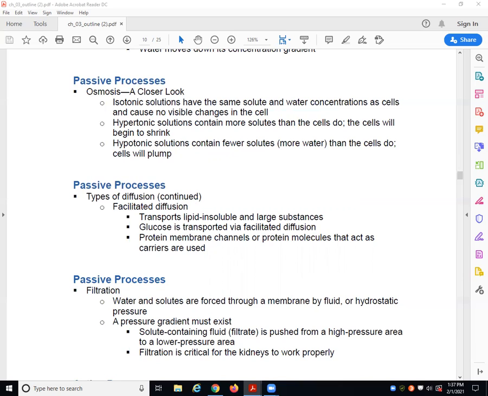Water goes from where it's high to where it's low, so it goes out and the cell shrinks. Hypotonic solutions have fewer solute molecules, which means they have more water than the cells do. So the cells are going to expand, and if they expand too much, they'll pop open, they'll bust open.